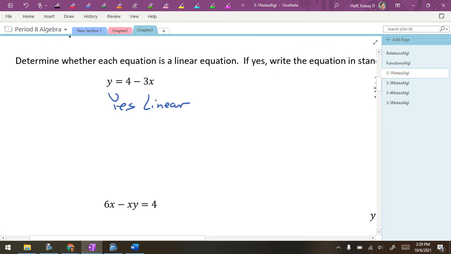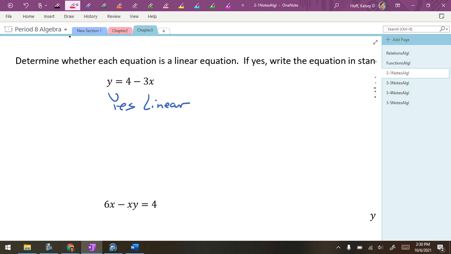Now, the best part about it is so far, there are no fractions, so we don't have to worry about that rule. But the other two rules say x has to be positive, and x and y have to be on one side with everything else on the other. So look at your x term. Is x currently positive? What is x right now? -3. How would I make him positive? Add him to the other side, yes?